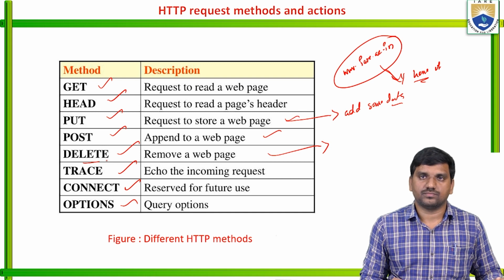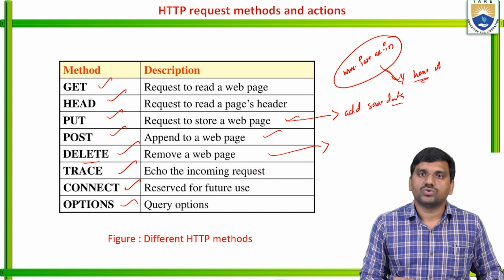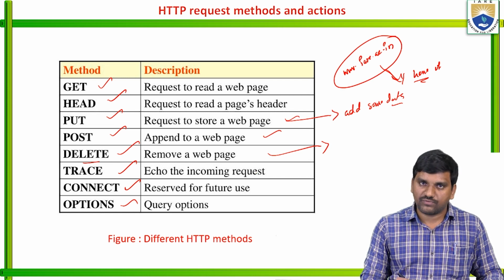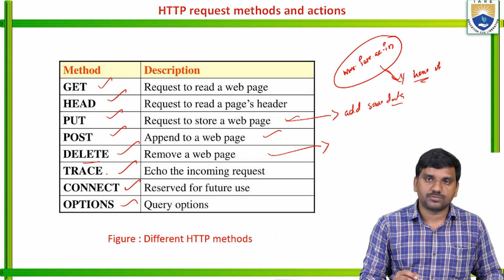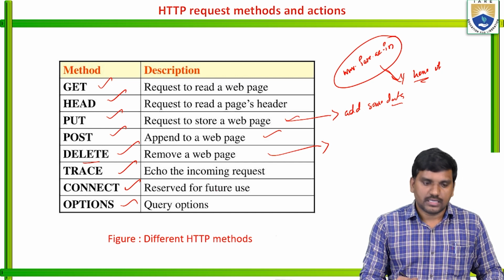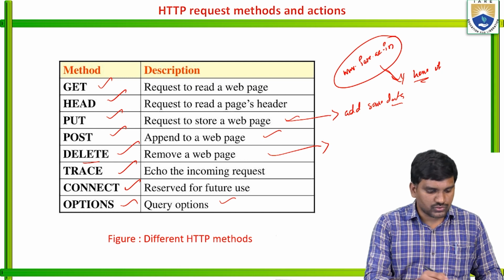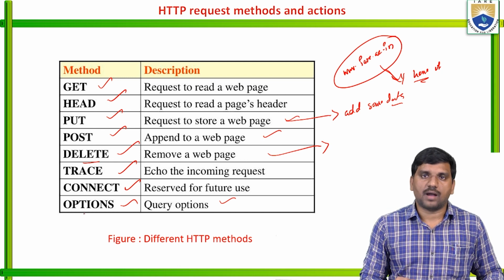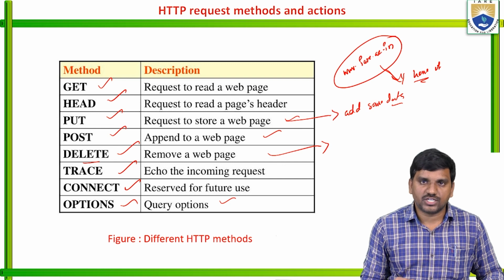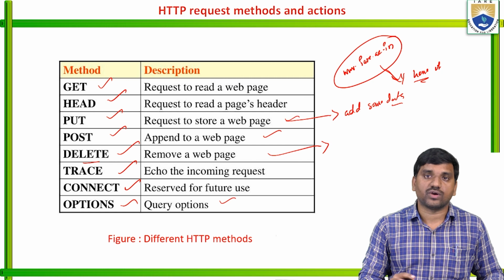Next, trace: echo the incoming request. We have to trace the particular request, so we use the trace method. Next, connect, reserved for future use. Options: query options, which can be elaborated by using the options method. So these are the different HTTP methods we use as per our requirement.